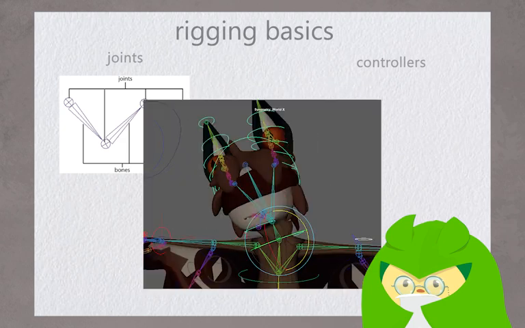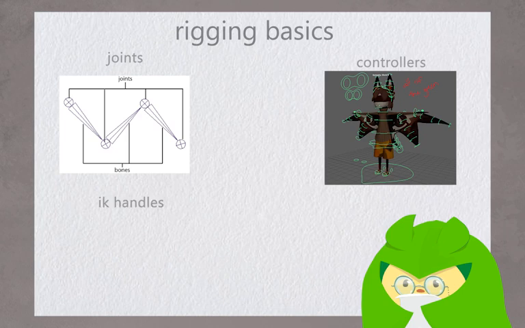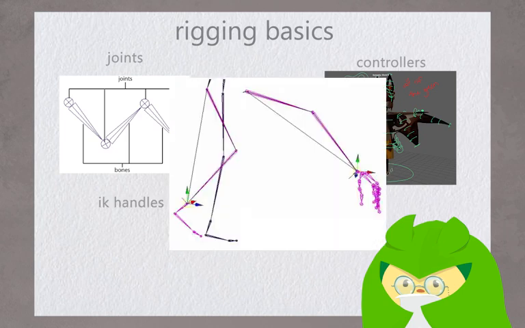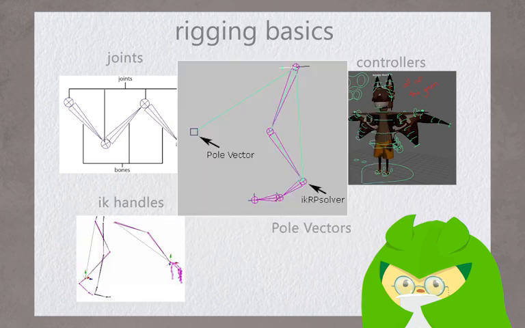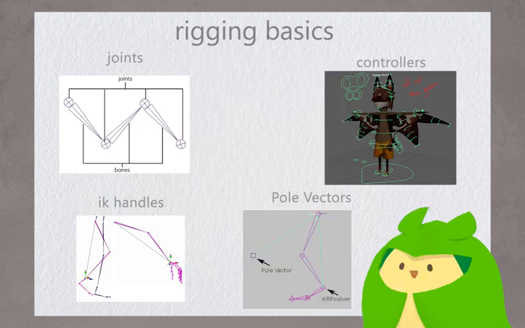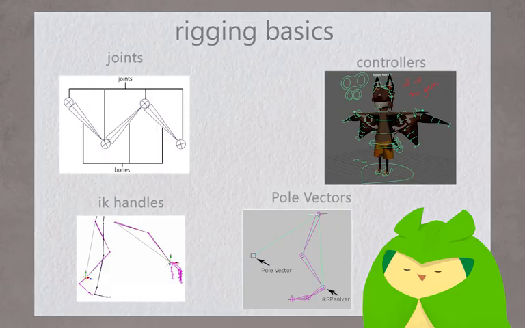The joint will rotate with it. We will also be using IK handles, which act kind of like a spring and are commonly used on knees and elbows. And lastly, we will be using pole vectors on the IK handles, which will be used to determine which way the elbow or knee will point. And that's the end of my rigging session. We can go back to the video now.